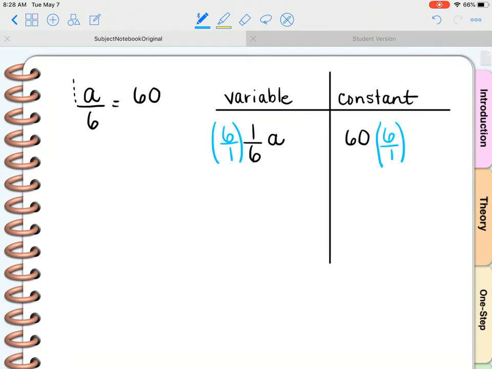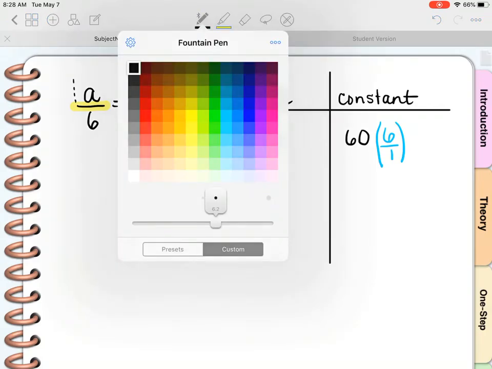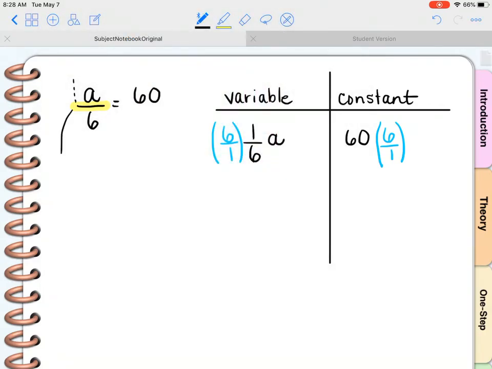Well, remember that this is division. So we started off with a division equation, and that means the inverse of division is multiply. So these fractions cancel, leaving me with A. That's a very good sign.